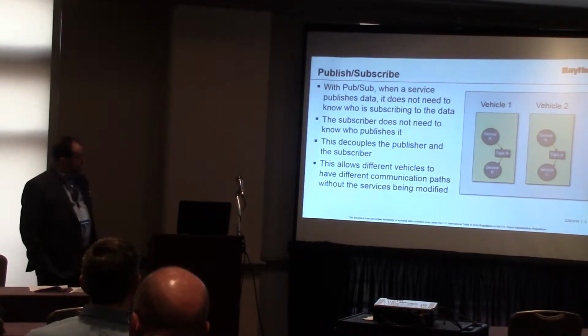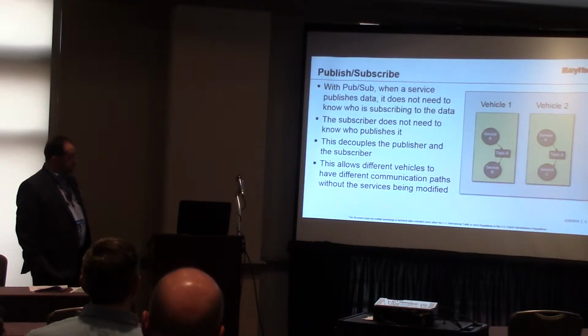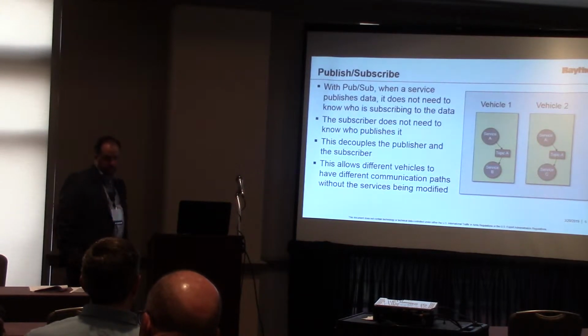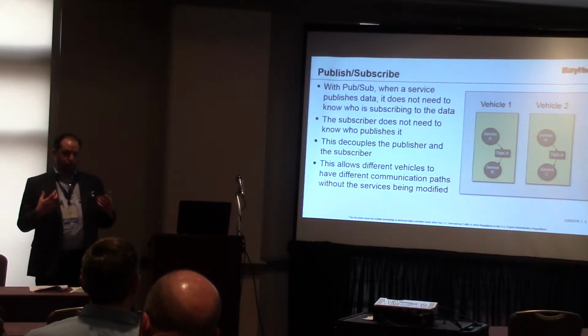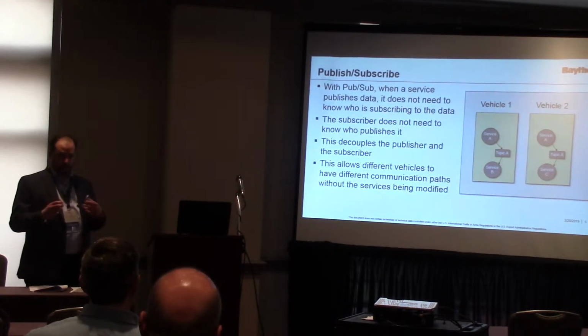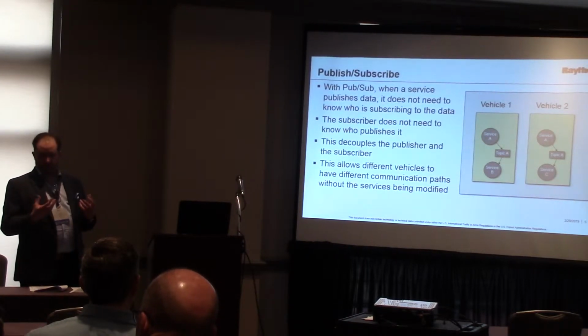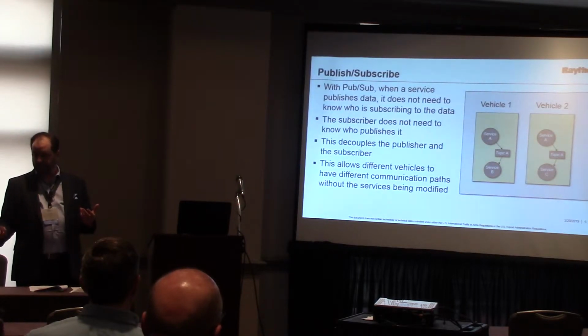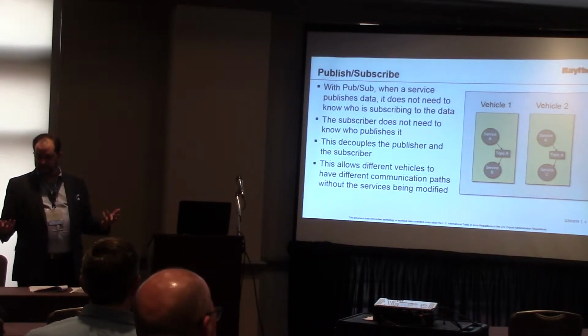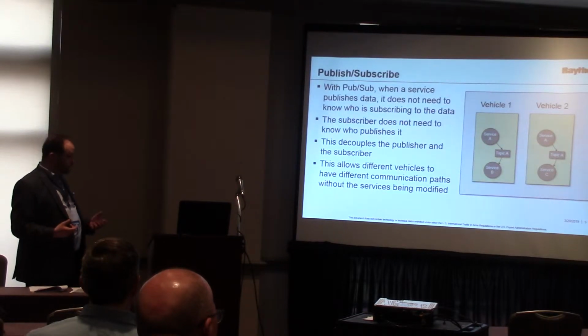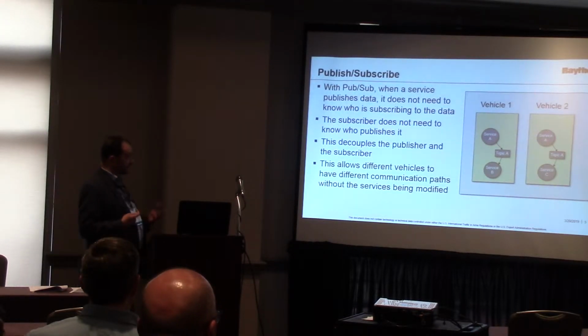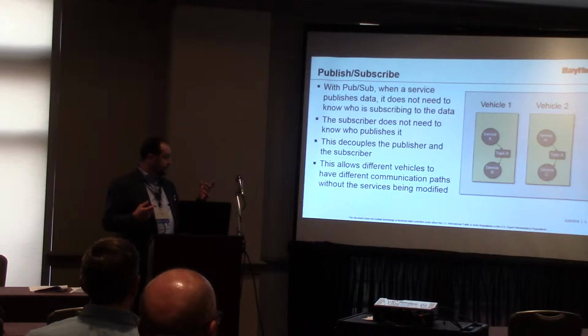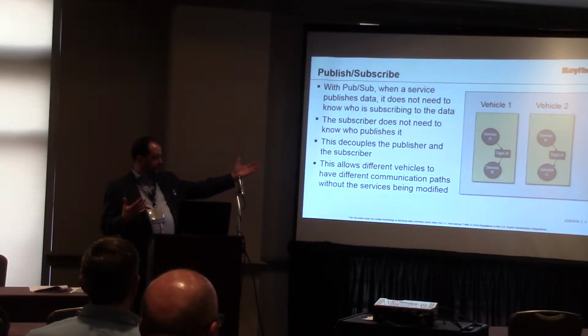So the next piece is the pub sub. What we do in our system, because again of all the various configurations, right, is that all of our services are aware of the topics that they subscribe to, they're aware of the topics they talk to, and they're aware of nothing else. So what that allows us to do is, when the system starts up, everybody connects to the right things.